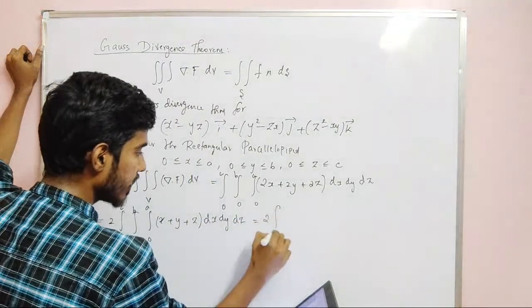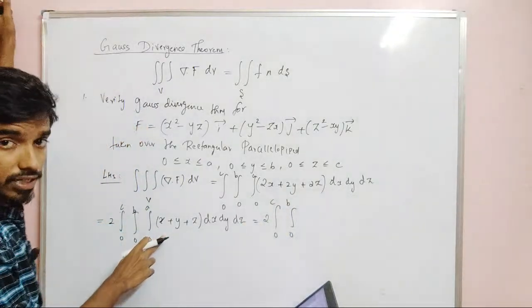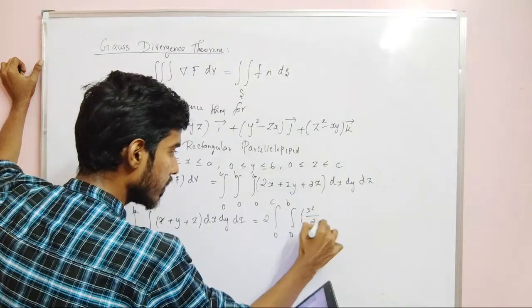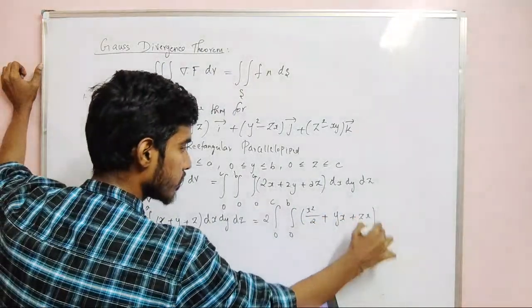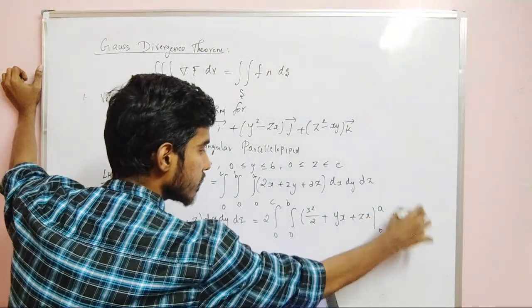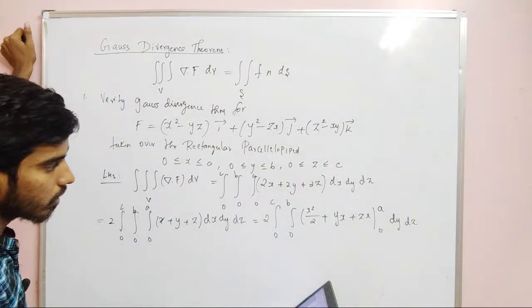So we will have 2 times integral 0 to c, integral 0 to b. When I integrate this with respect to x, this will be x²/2 plus yx plus zx, limit from 0 to a, dy dz. Now I need to substitute the upper limit and the lower limit.